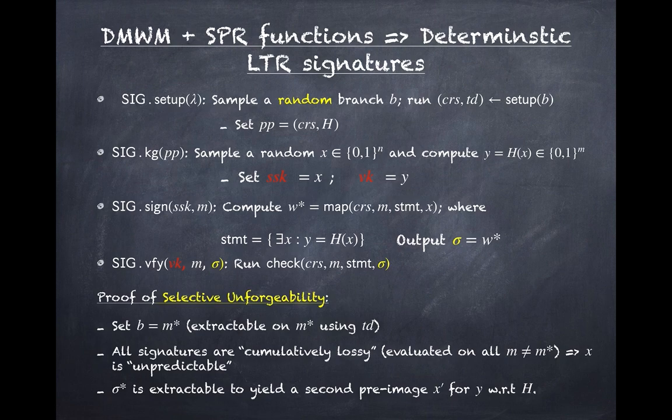At this point, when the adversary produces a forgery, we use the extractor of the DMWM to extract a hopefully second preimage of Y. Now we argue that the extracted preimage X prime is indeed a second preimage because the signatures did not reduce the entropy of X too much. And this contradicts the SPR property of this function, H.